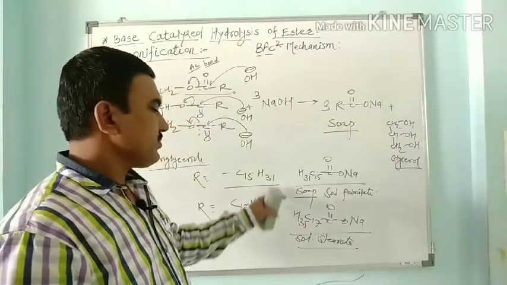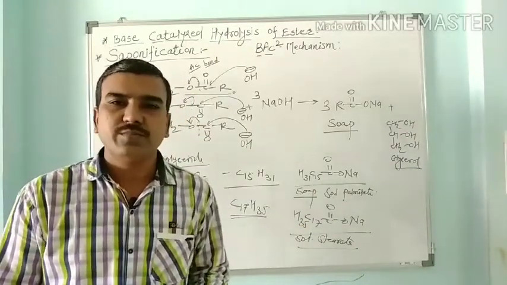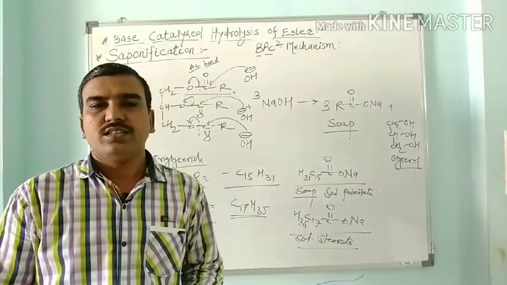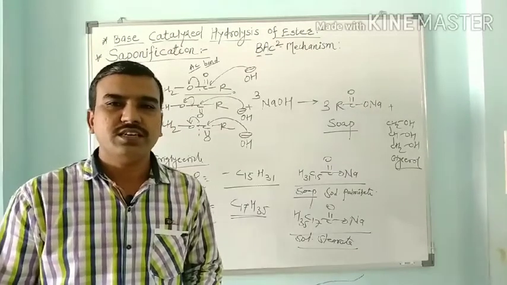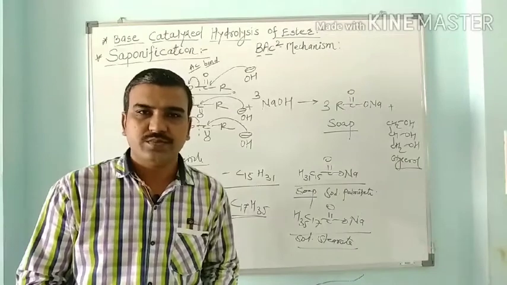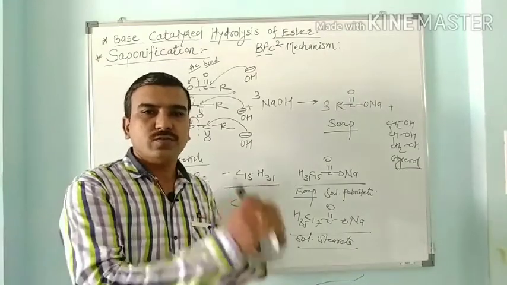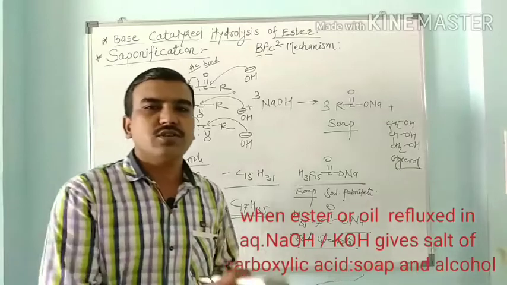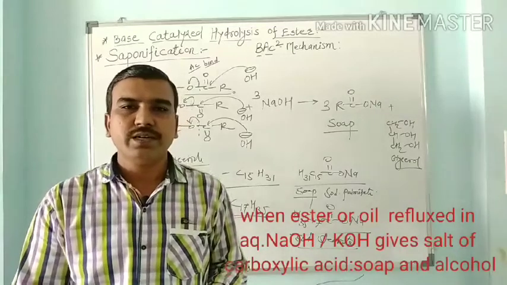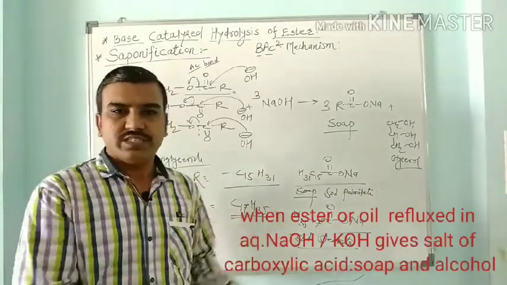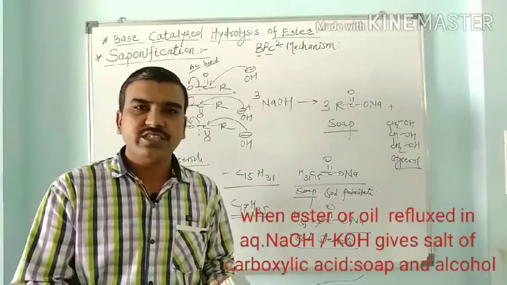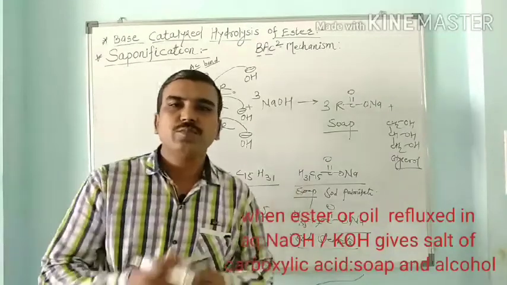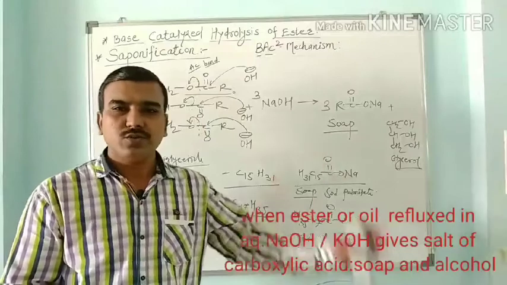So in this way this process is called saponification, and this mechanism is known as the BAC2 mechanism. This is acyl nucleophilic substitution in which ester undergoes alkaline hydrolysis. When esters are refluxed in aqueous bases such as NaOH or KOH, they give the salt of carboxylic acid and alcohol.